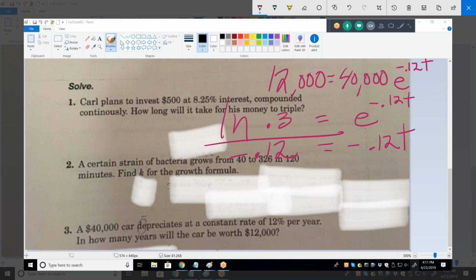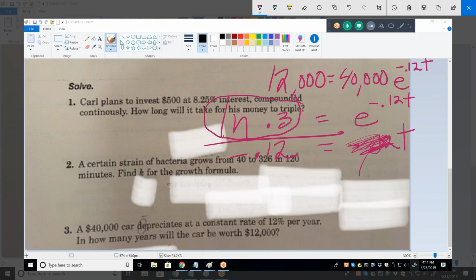Now let me just give you a little heads up. When you take the logs of numbers greater than 1, you get positive numbers. When you take the logs of numbers between 0 and 1, you get negative numbers. So we got exactly what we're looking for here. That's going to be a negative number. We're dividing it by a negative number. We're going to get a positive t.